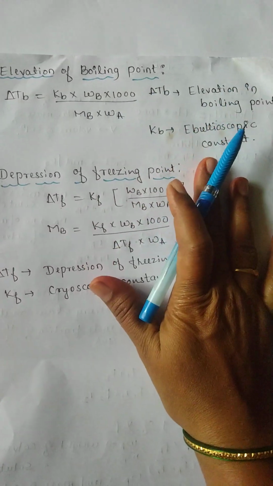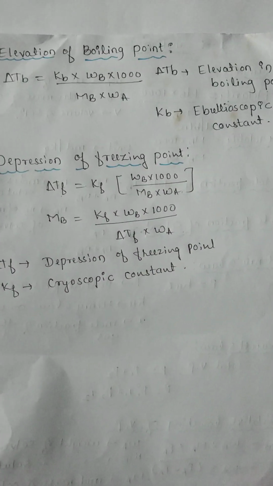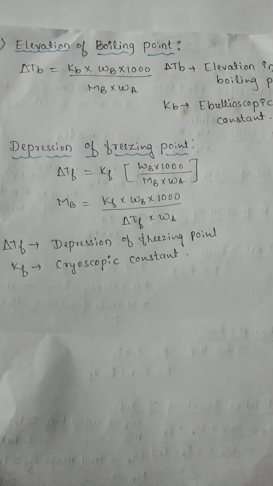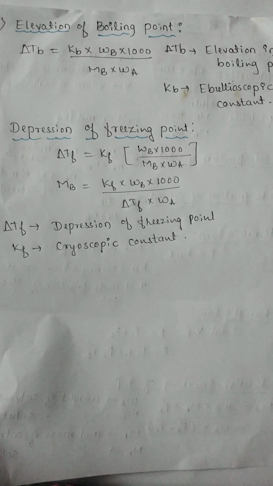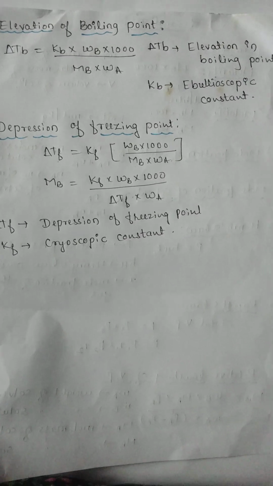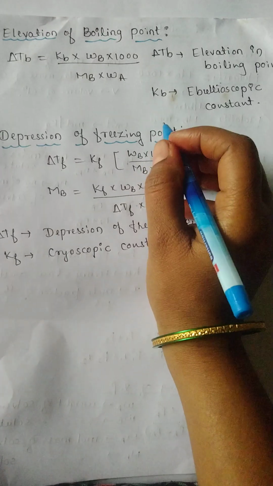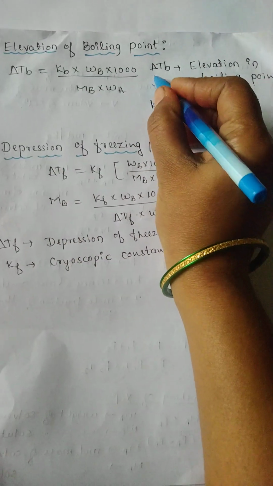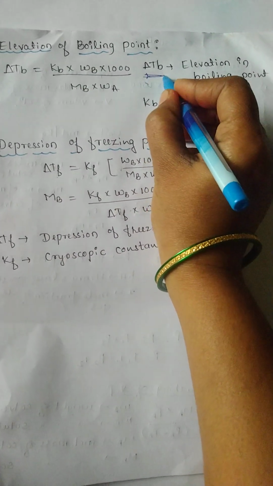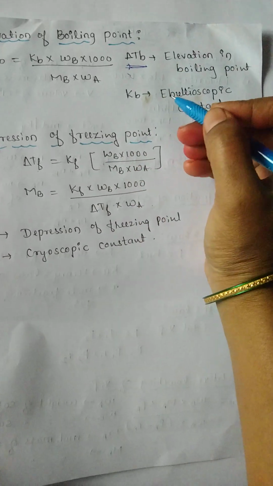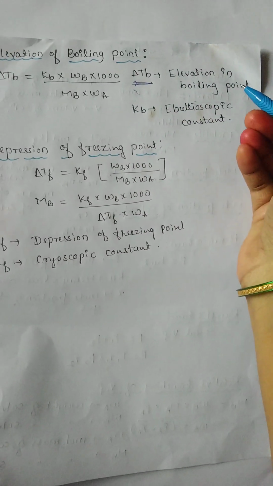Okay, the next one is elevation of boiling point. Here the thing is the same. When we add a solute to the solvent, it becomes a solution. So here we are taking the difference between the temperatures of the solvent and the solution.